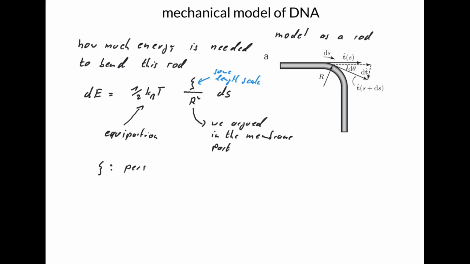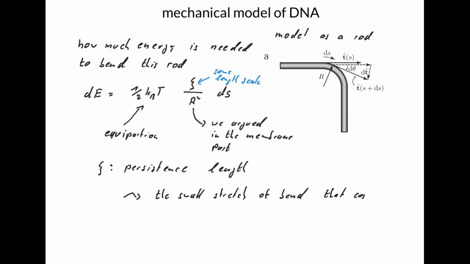Now, the parameter that we introduced here, half kBT times zeta, is equal to the bending stiffness that we used in last week's lecture. The parameter we introduced here, the zeta, which is the length scale, is called the persistence length.